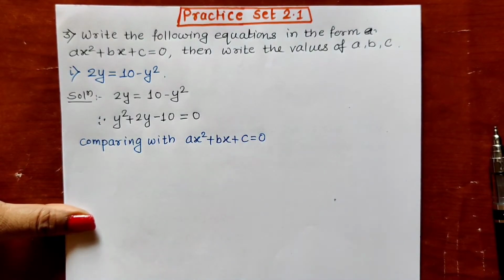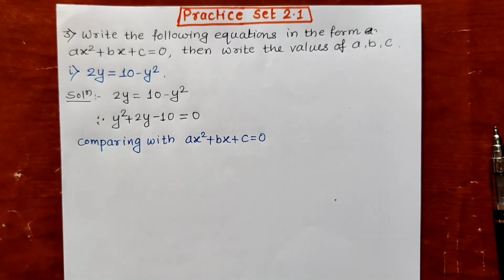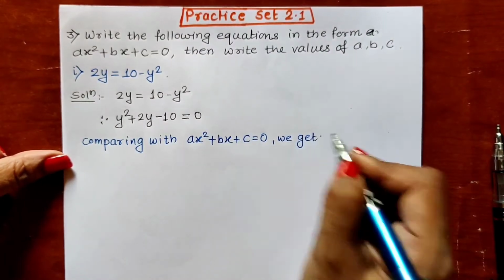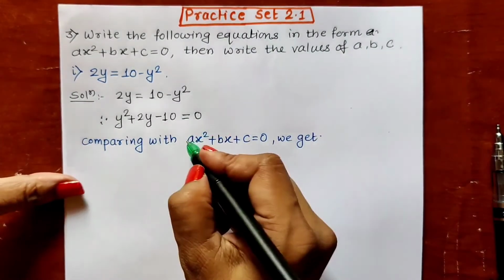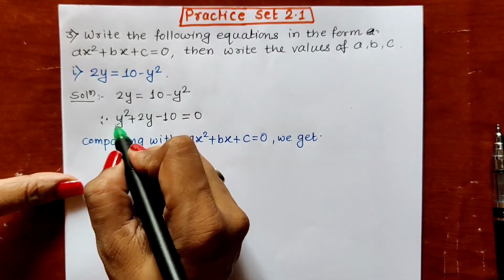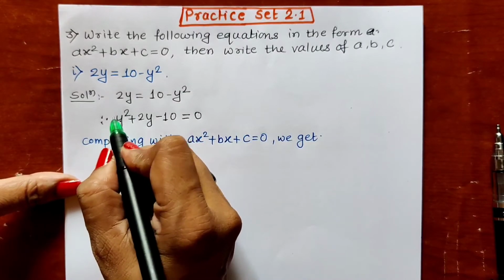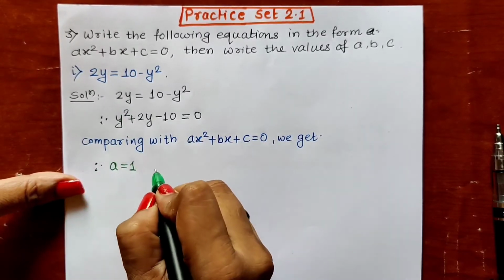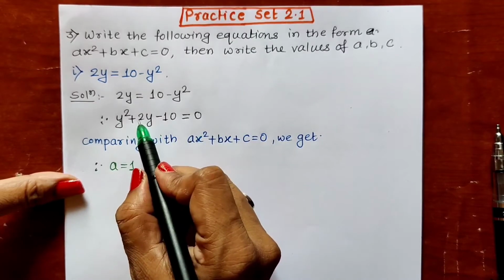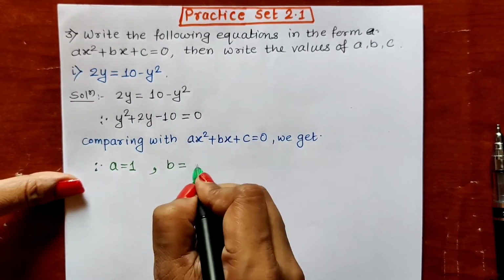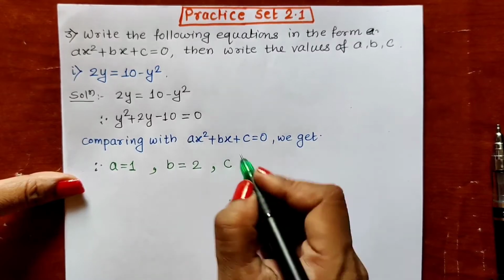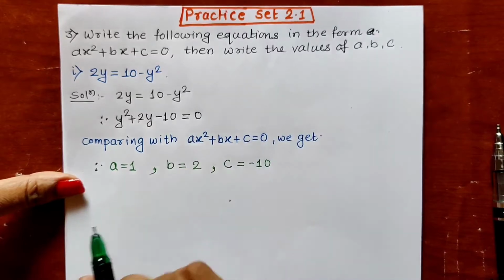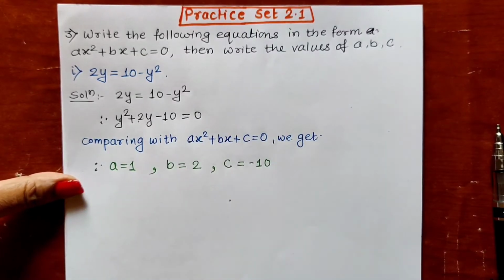So let us compare. A means coefficient of y square term. Here no coefficient is there, means 1 is there. So a is equal to 1. B is equal to plus 2. And c will be equal to minus 10. In this way we can compare and write the values.